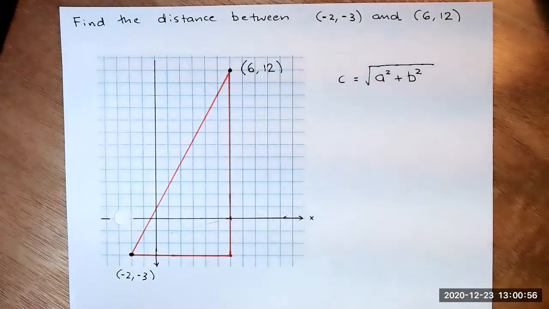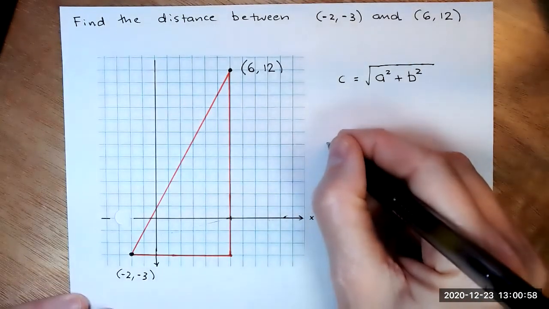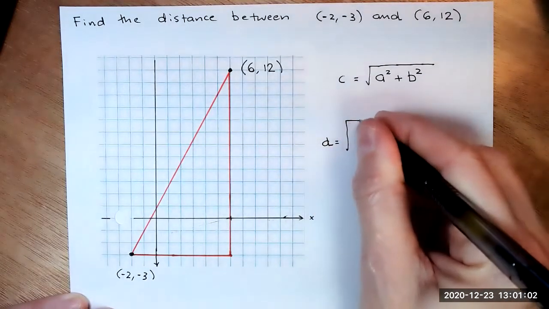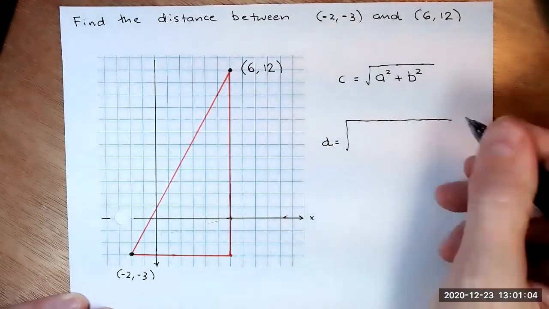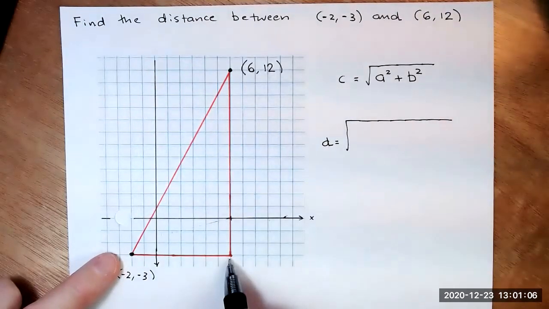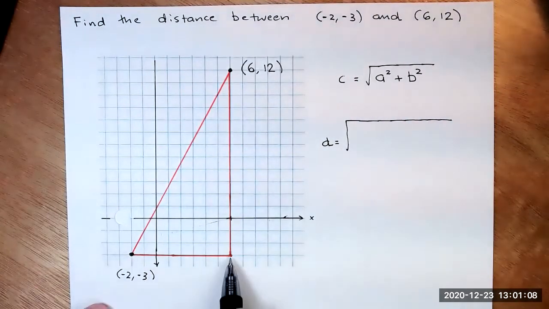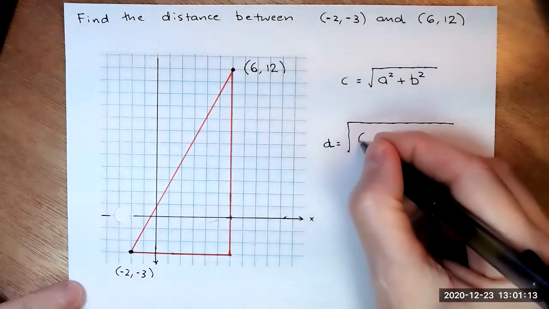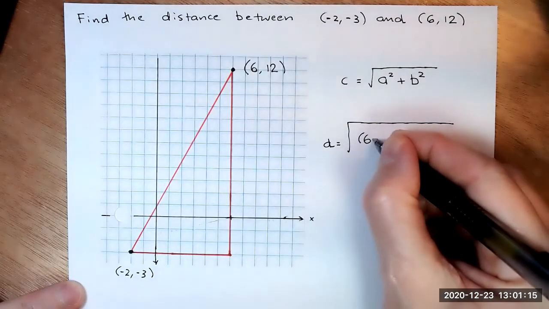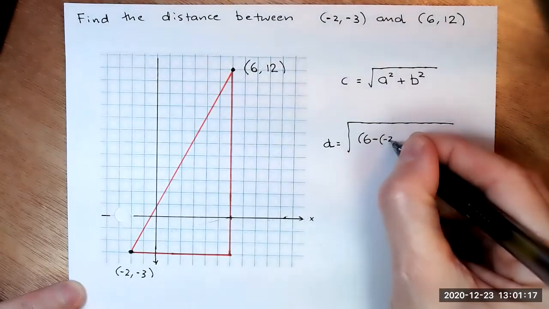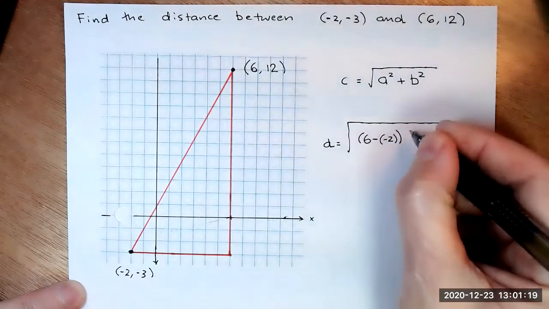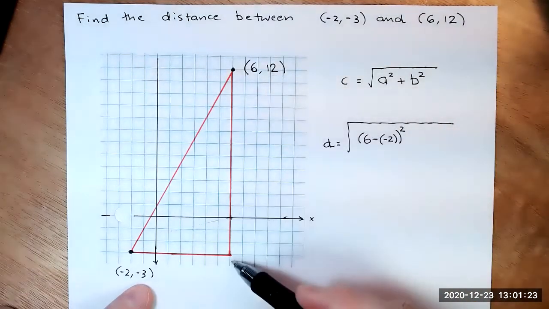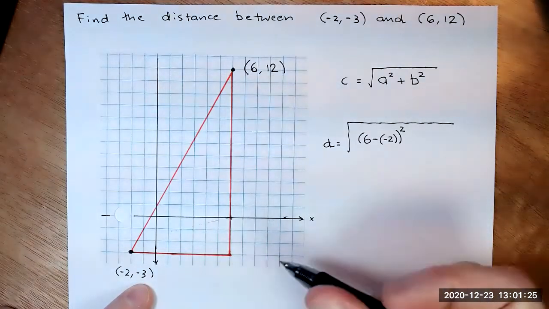All right, so the distance between the 2 points is going to be the square root of the distance between the x values. So that's 6 minus -2. And 12 minus -3.